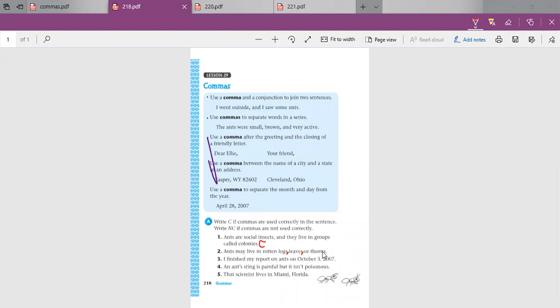Okay. Now, Heidi, can you please read number 3 for me? I finished my report on October 3, 2007. So Heidi, what is the mistake in this sentence?